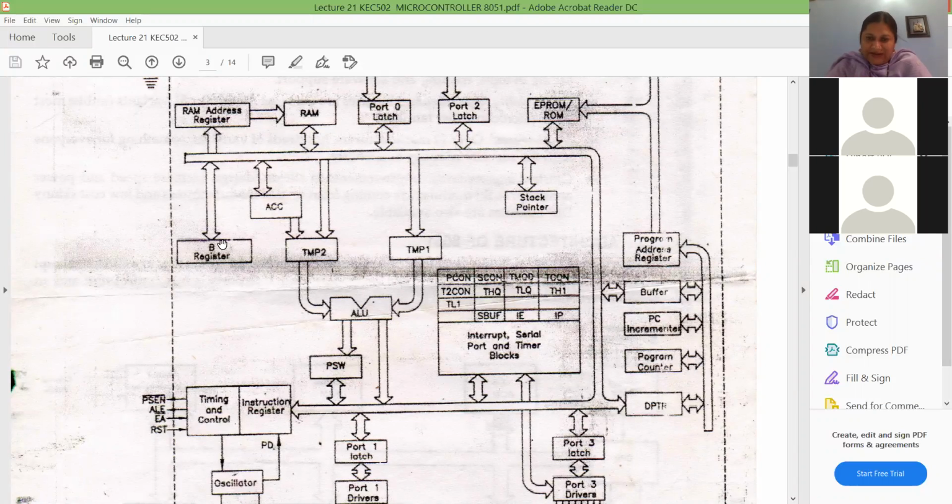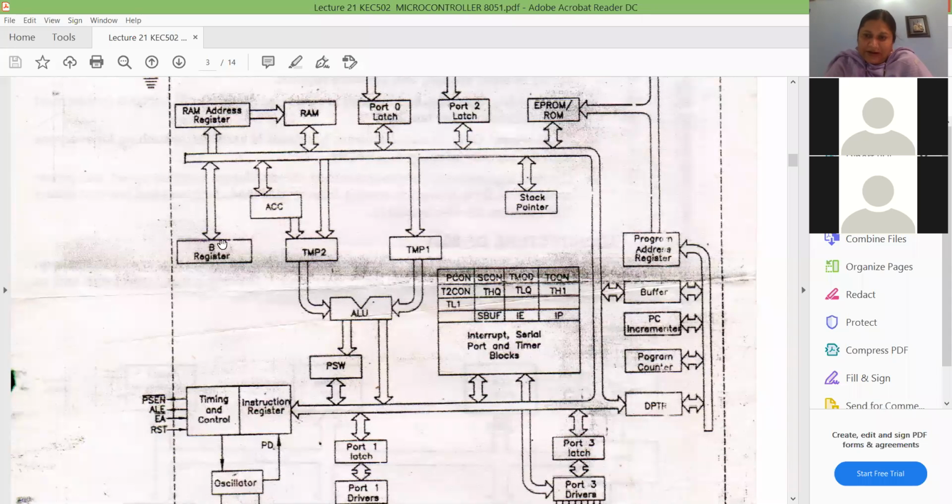Like you have 4 banks, RB0 to RB3. RB0 is having 8 registers, R0 to R7. RB1 is having 8 registers, R0 to R7. RB2 is having 8 registers, R0 to R7, and RB3 is also having 8 registers, R0 to R7.